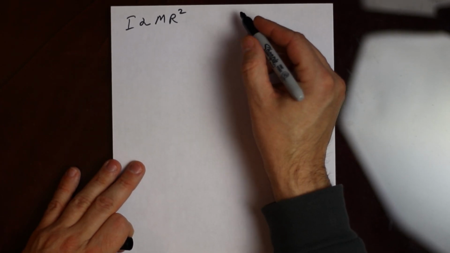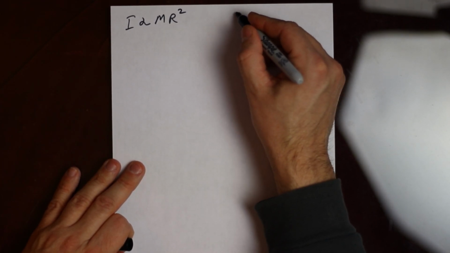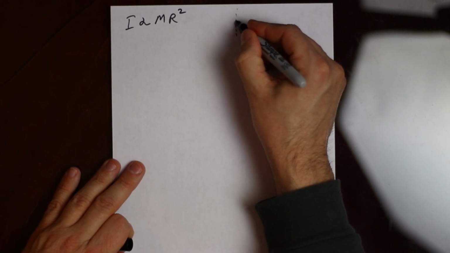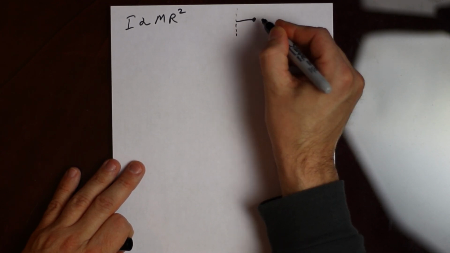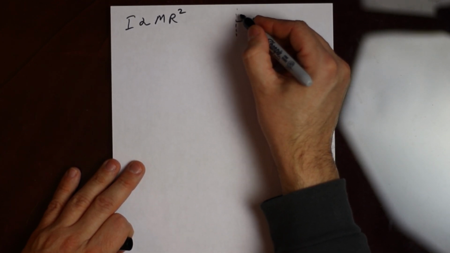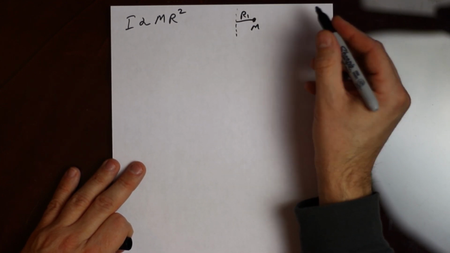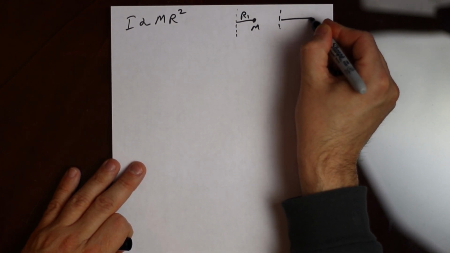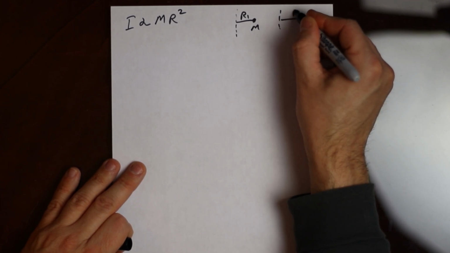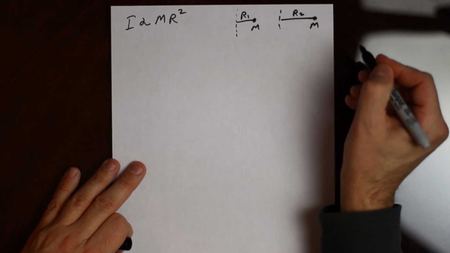Okay, so now we know that I is proportional to mr squared. I'm going to go ahead and redraw that idea again here. So let's say we're rotating about the spot with the dotted line, and I'll have some mass here, m, and I'll just call this r1. And then drawing this somewhat to scale, here I have a different r, but the same mass.